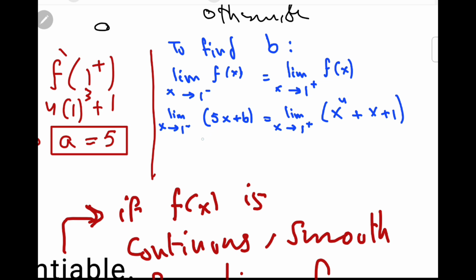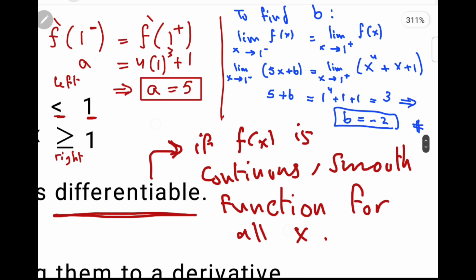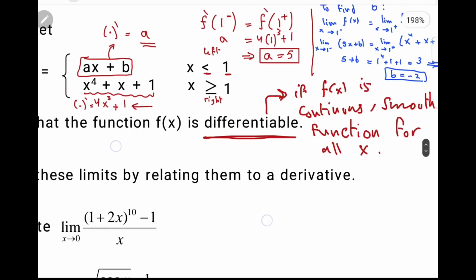Substituting 1 directly, that will be 5 plus b equal to 1 to the 4 plus 1 plus 1, which is equal to 3. So b is equal to 3 minus 5, which is minus 2. And that's it. We found a and we found b. That makes the function differentiable.